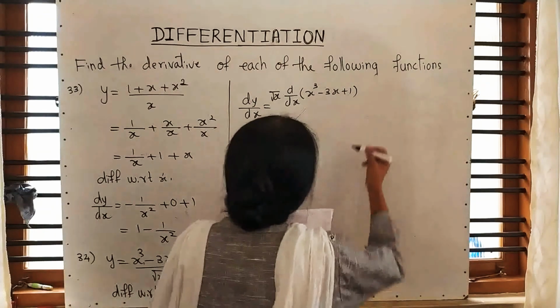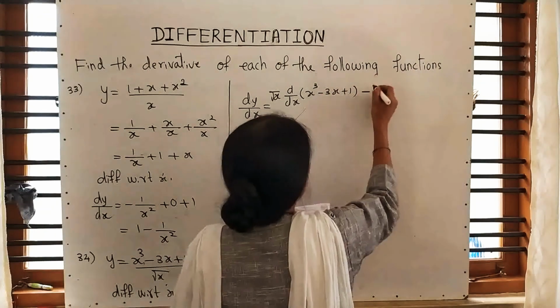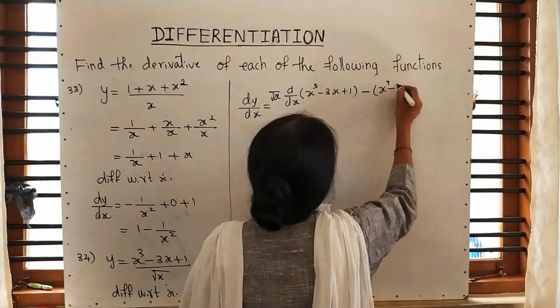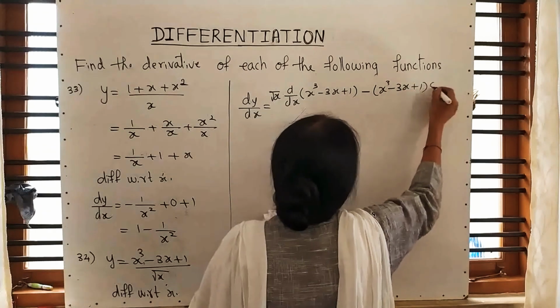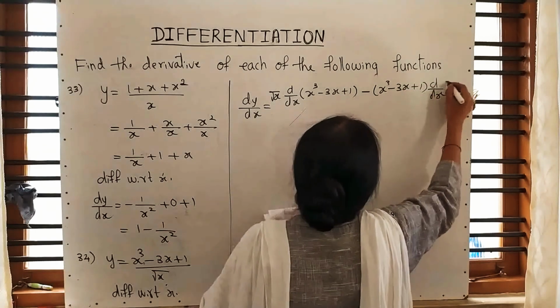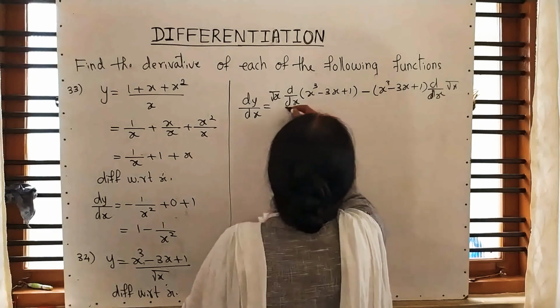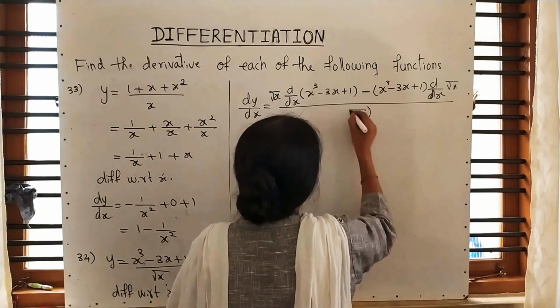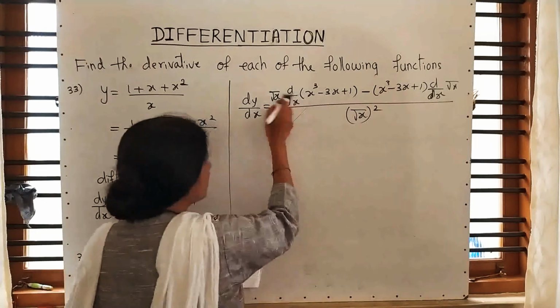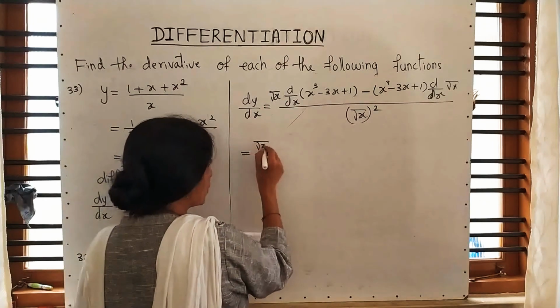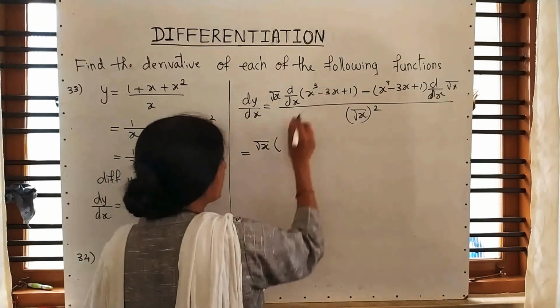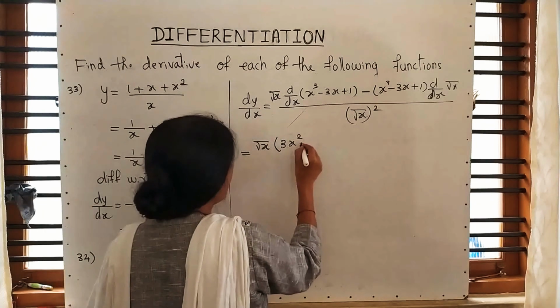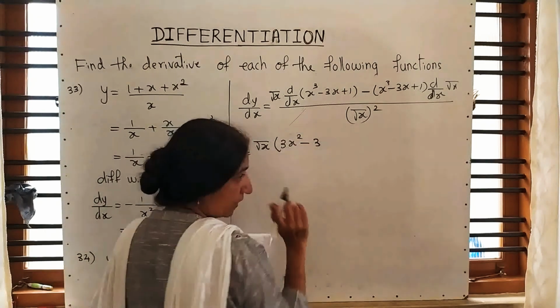And in the middle minus comes. Next, this we treat as a constant. Differentiation of root x, divided by denominator square. Yes. See, this is before differentiation, keep as it is. Differentiation of x cube is 3x square minus 3. Differentiation of x is 1.